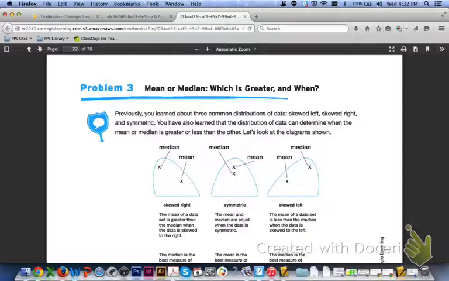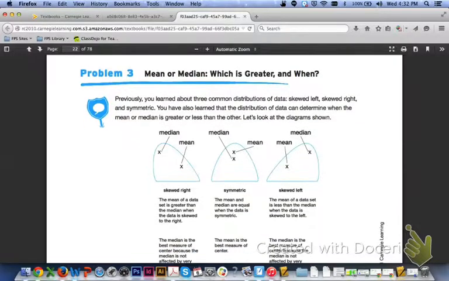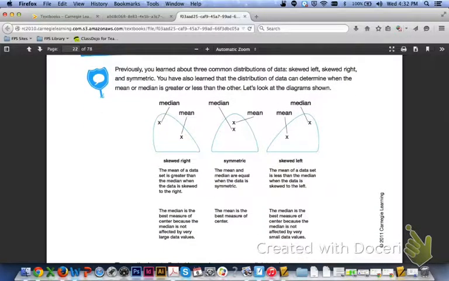It says the mean of a data set is greater than the median when the data is skewed to the right. In this case, the median is the best measure of the center because the median is not affected by very large data values.